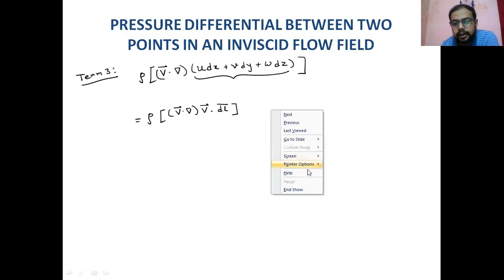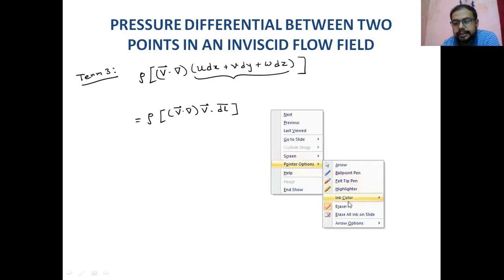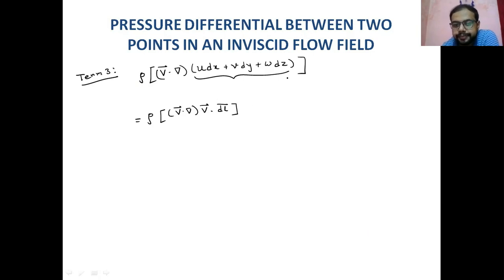Now, after getting this, we are taking one vector identity here. Vector identity is the most important thing. Whenever you are seeing vector calculus in engineering mathematics, you will see this vector identity.